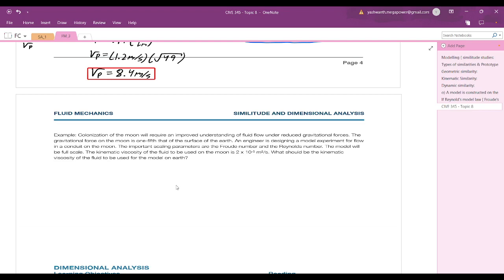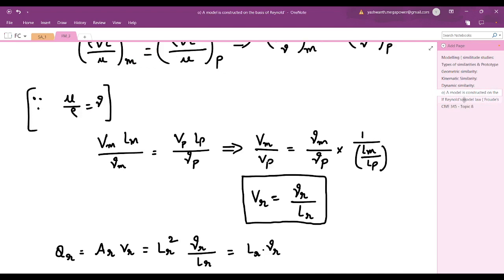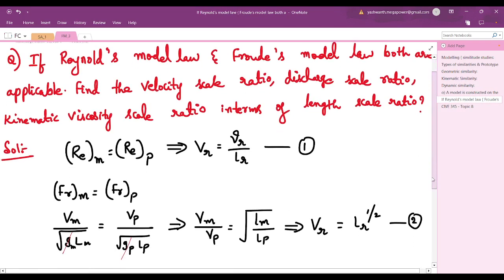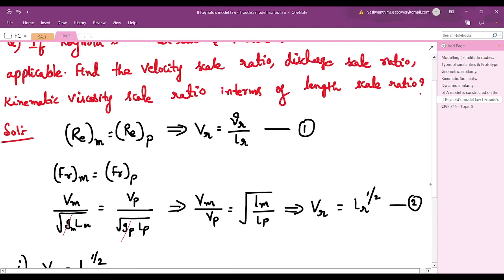Okay, so see here, for this question, as given, both Reynolds model law and Froude's model law are used. So without wasting much time, as per our previous two questions, in this question, as per Reynolds model law, velocity scale ratio is equal to what?